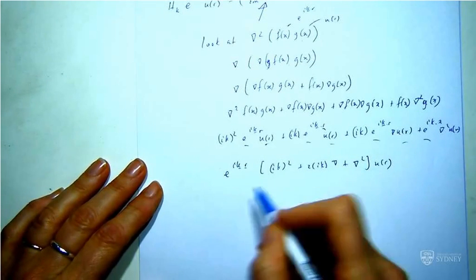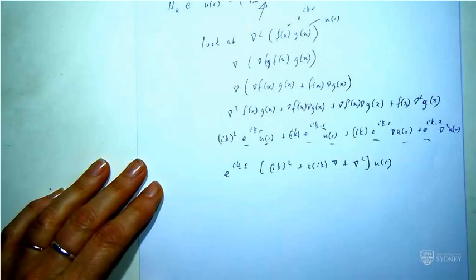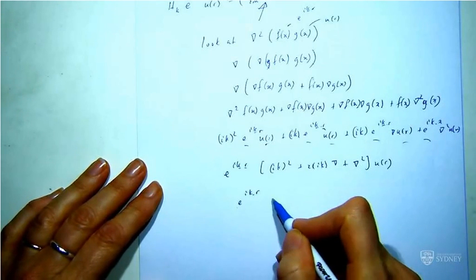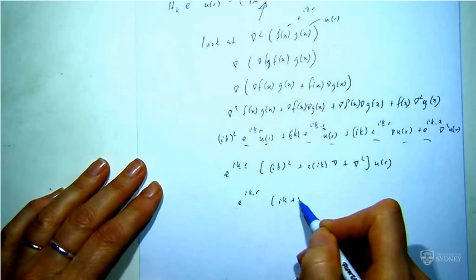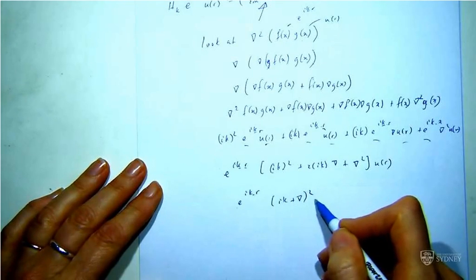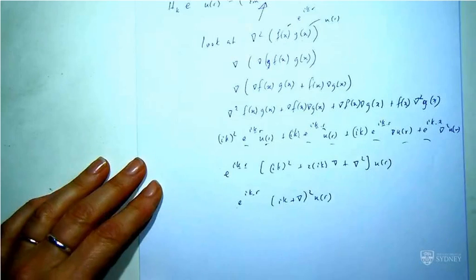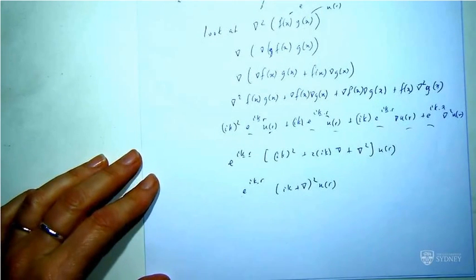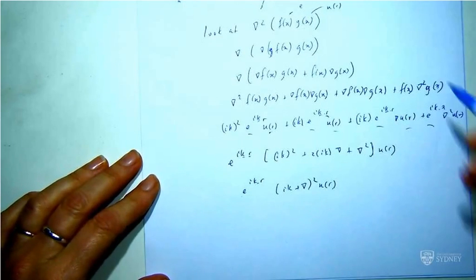You can just write e to the i k dot r, i k plus grad. That's how you get the squared part there. So let's put it all back into equation 3.